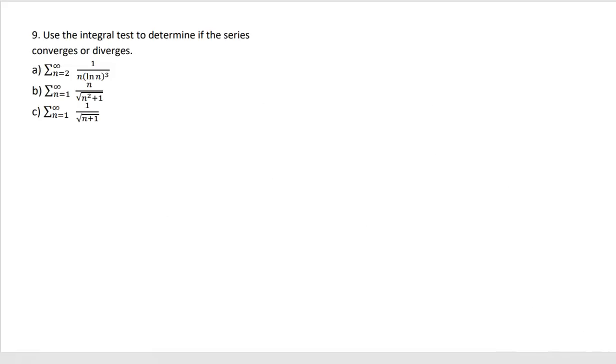So let's try the second one. This one, we write down from 1 through infinity, replace x n by x. So we have x over square root of x squared plus 1 dx.